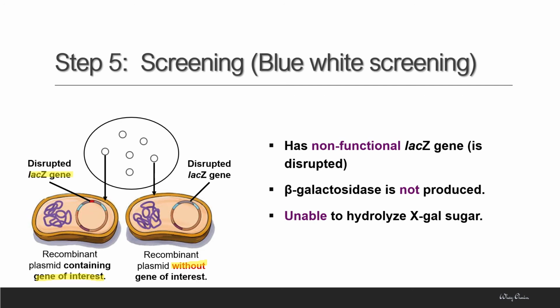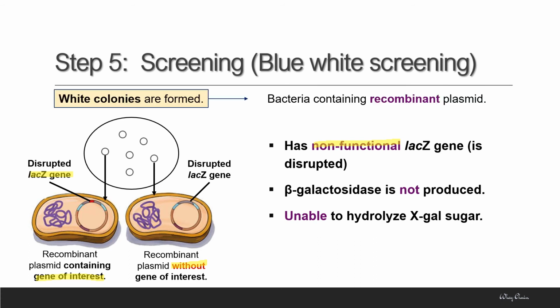Or the Z gene is non-functional because it cannot be transcribed successfully by RNA polymerase. So, no mRNA production, no translation, no protein encoded by the Z gene can be produced. The protein is actually the enzyme beta-galactosidase.